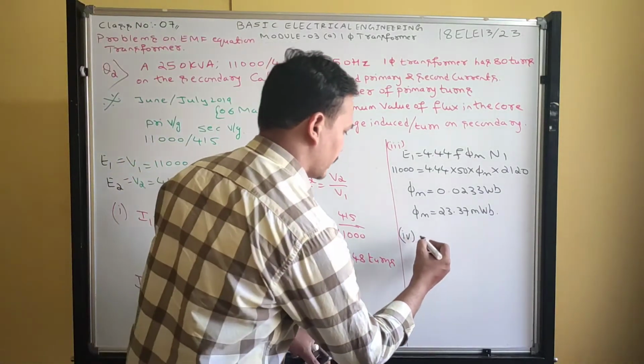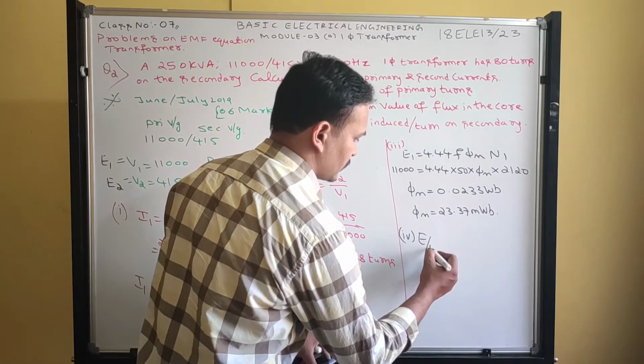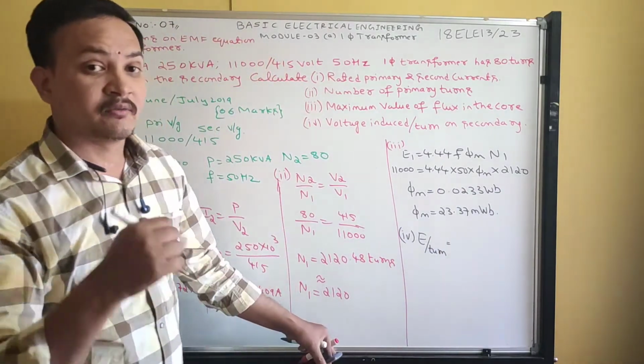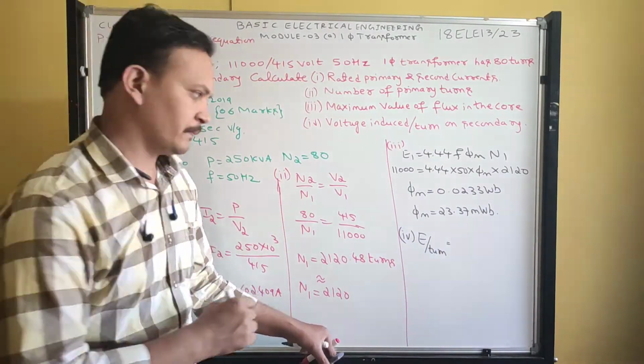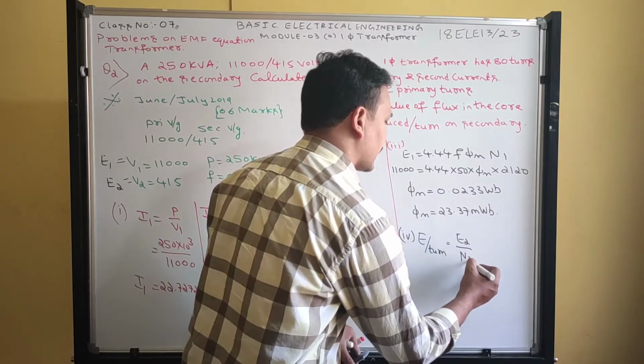So for that we can write voltage induced per turn. Since they asked for the secondary, it is secondary voltage divided by secondary turns.